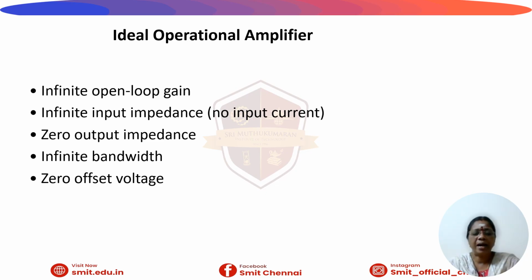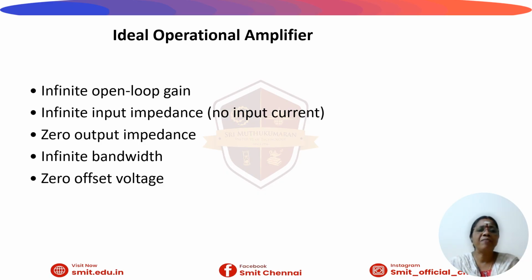The ideal characteristics of op-amp are practically not possible, but typically they are considered to simplify the circuit analysis. The basic characteristics are infinite open loop gain, which means it amplifies the input difference infinitely. Practically it is very high, 100 million plus.